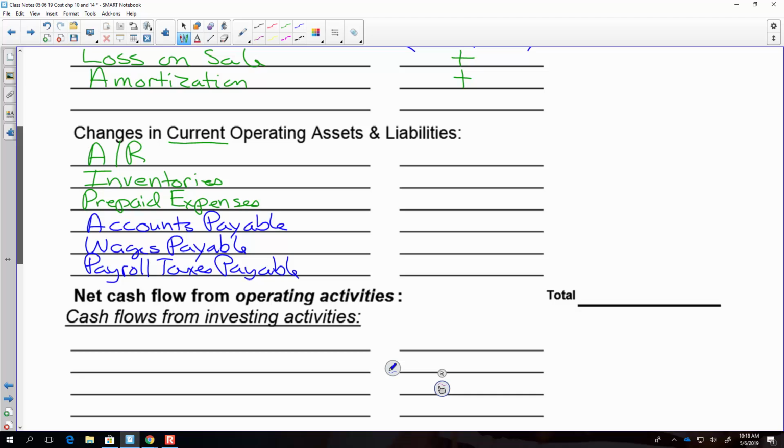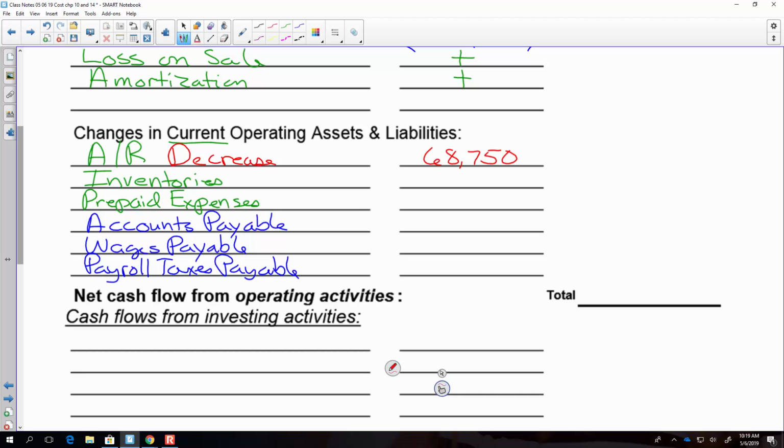All right. So accounts receivable went from 350 down to 281. That's a decrease. Does anybody have the amount? 68,750. If receivables are going down, how does that affect my cash?